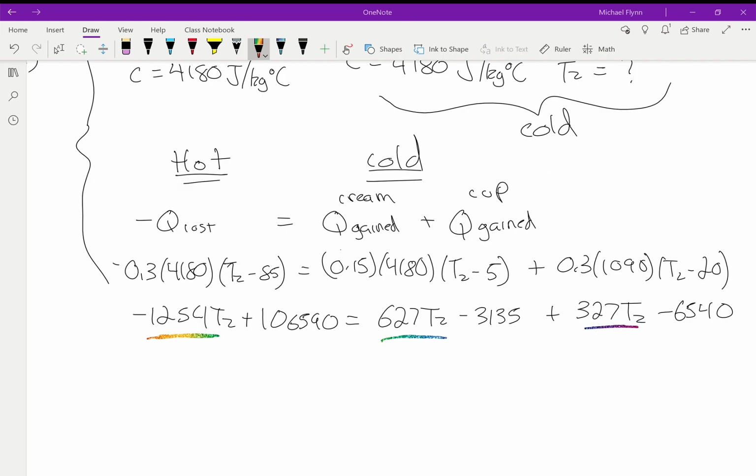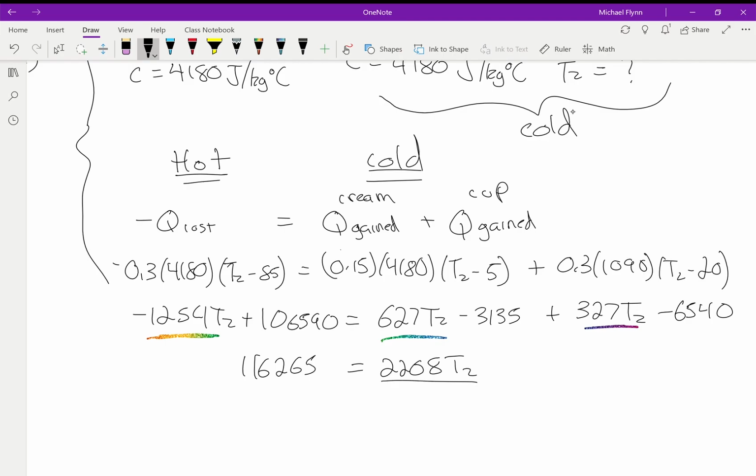So 627 plus 327 plus 1254 equals 2208 T2, and on the other side I'm going to group all my numbers. So I get 106,590 plus 3,135 plus 6,540 equals 116,265.